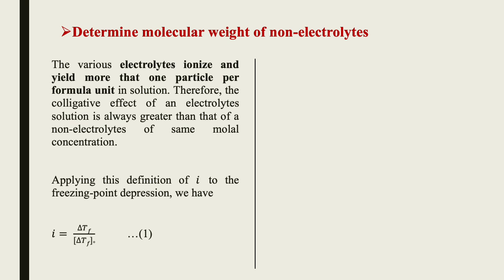By applying this definition to the freezing point depression, we have i equal to delta Tf divided by delta Tf naught. This will become equation number 1.